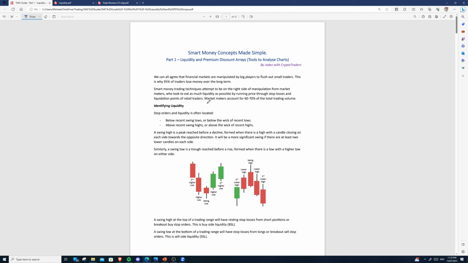So smart money concepts mainly has to do with understanding the intentions and footprints of the market maker. Those are large institutional traders and big banks, which account for about 70% of the total trading volume.